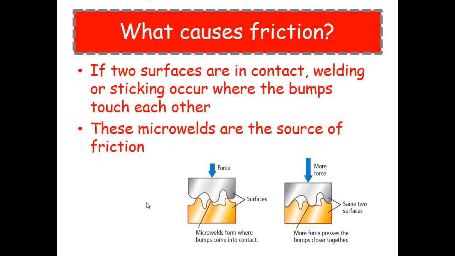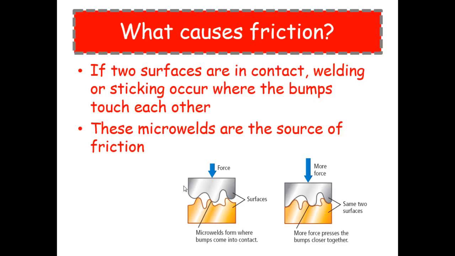If you were to look at a surface, even like the smooth lab tables in our room, or the smooth screens of your iPads or your phones, with a microscope, you would see that there are ridges on everything. Of course, the smoother the surface, the fewer ridges there are, but everything has these little ridges.